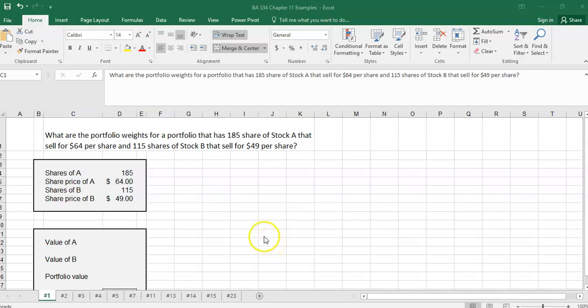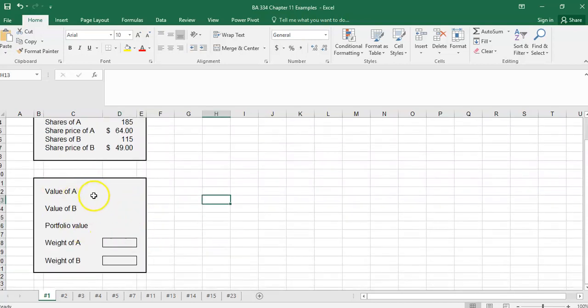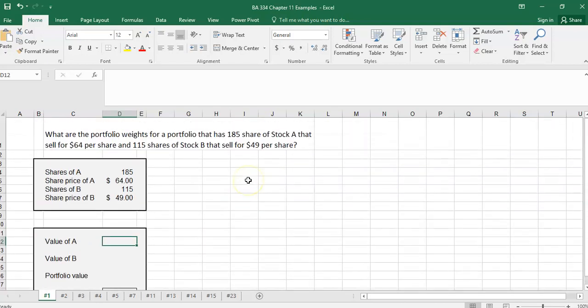This first example is a portfolio, and we want to know what the total portfolio value is, and then what the weight of each stock is. So the value of A, the value of B, the portfolio value, and then how much is weighted in each.